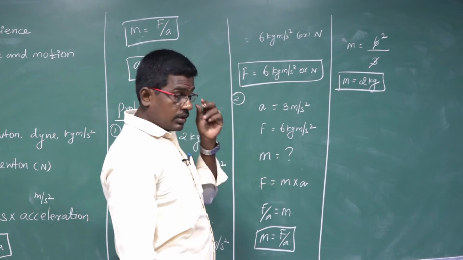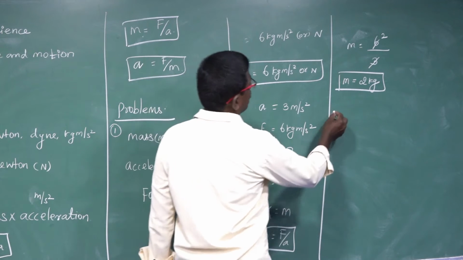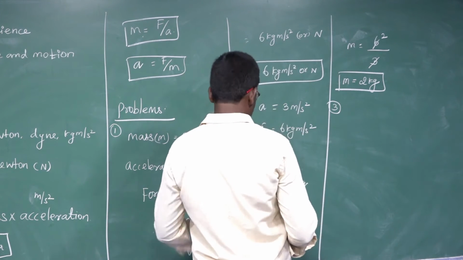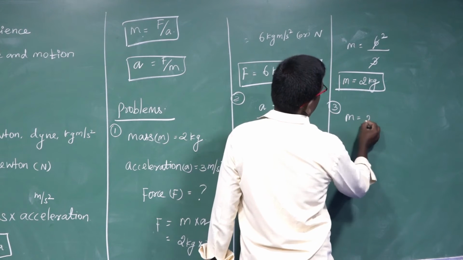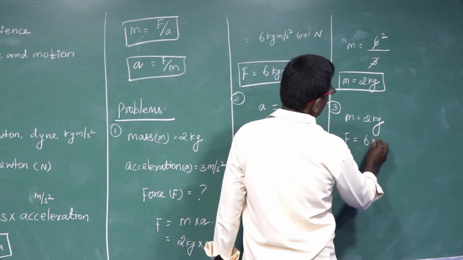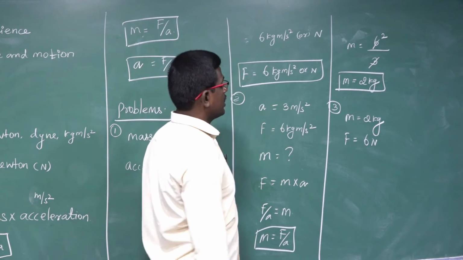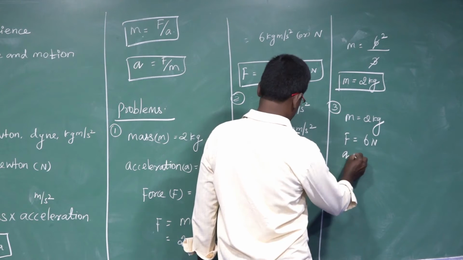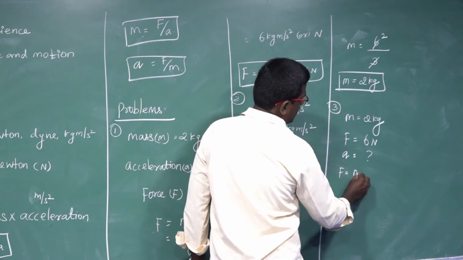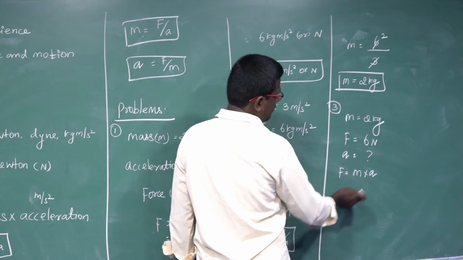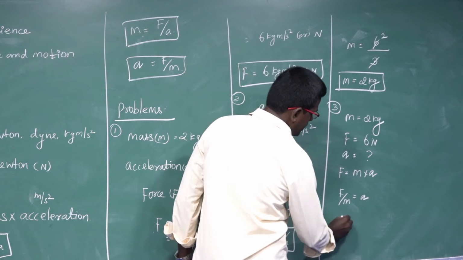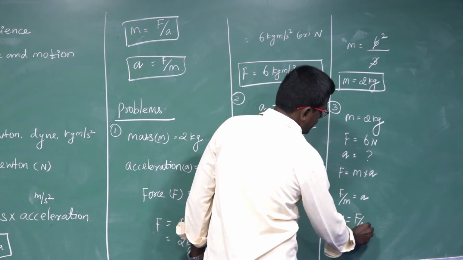Next, the third model example problem. Given mass m equals 2 kilogram and force F equals 6 Newton, or kilogram meter per second square, find the acceleration. From F equals m into A, the acceleration formula is A equals F divided by m.